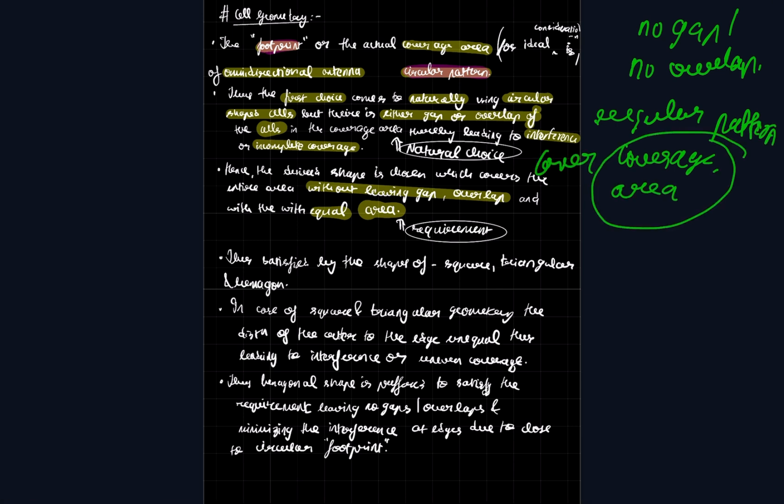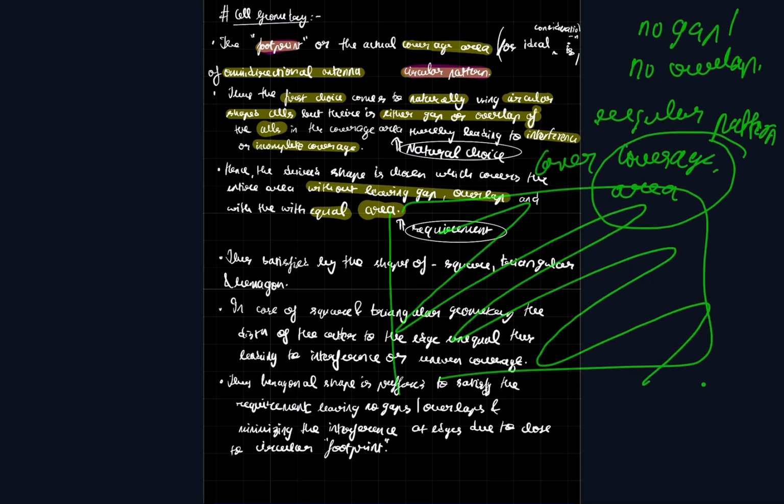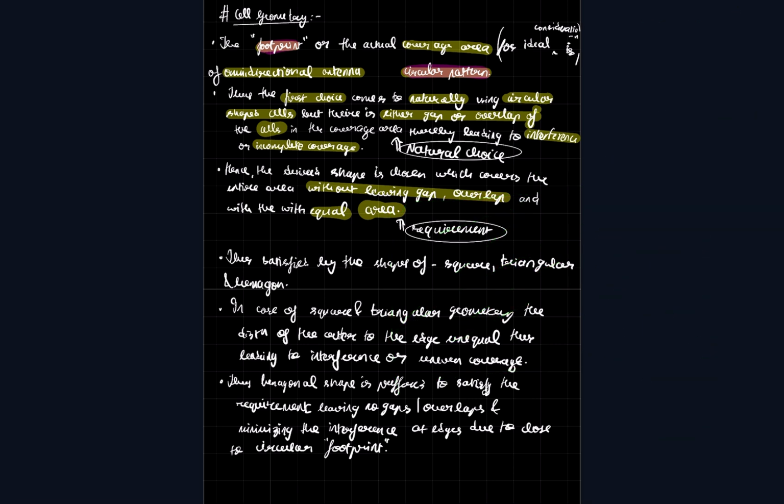By the coverage area, I mean the entire area wherever we need to provide the service. So we need to have the coverage area covered by a regular shape. The regular shapes we can think of are three possibilities: square, triangular, and hexagonal.